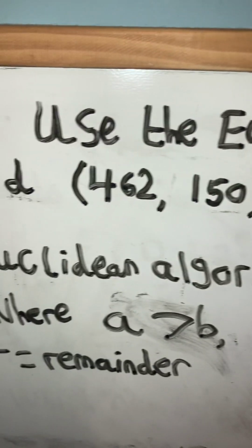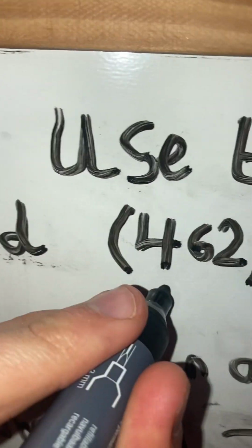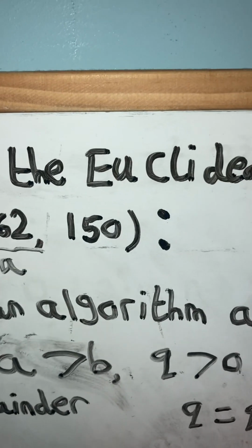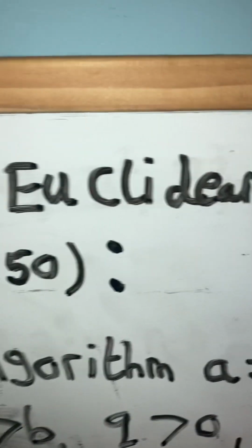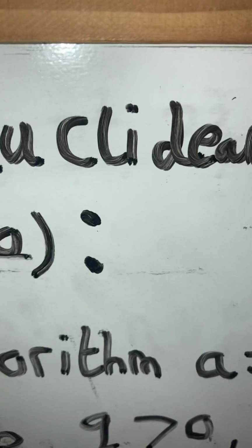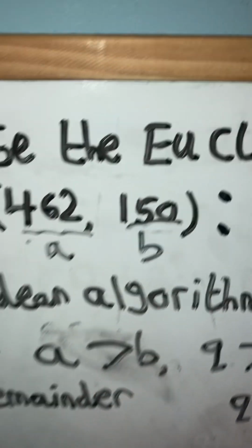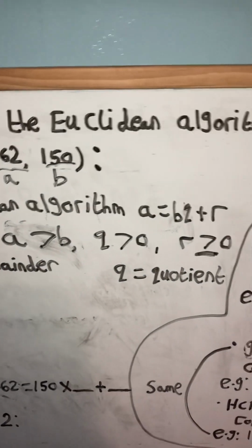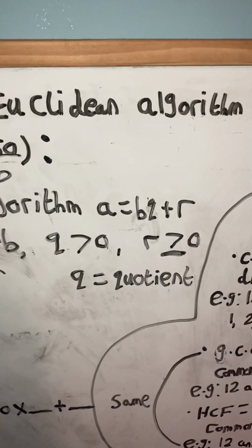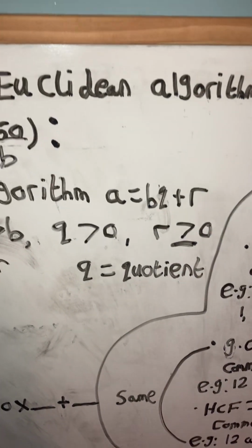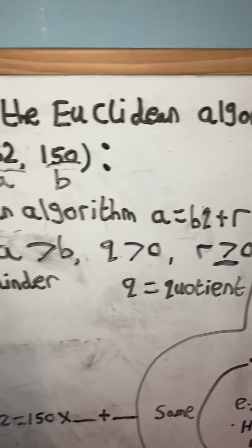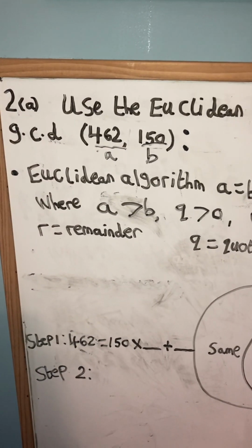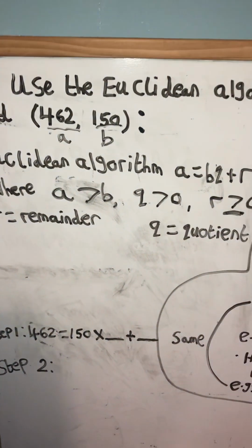So A is 462, let's label that as A, and B is 150, let's label that as B. Other conditions: Q has to be bigger than 0, and R has to be bigger than or equal to 0, where Q is the quotient and R is the remainder.